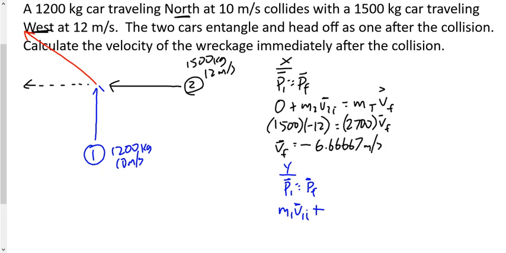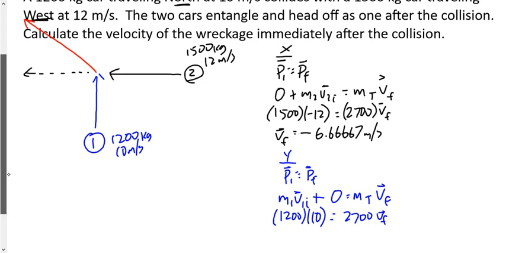Object number 2 is only on the x-axis, and we're looking at the y-axis right now. So I'm just going to put in 0 because I know that m2 v2i is 0. Equals mt times vf. m1 is 1200 times positive 10 equals 2700 times vf.